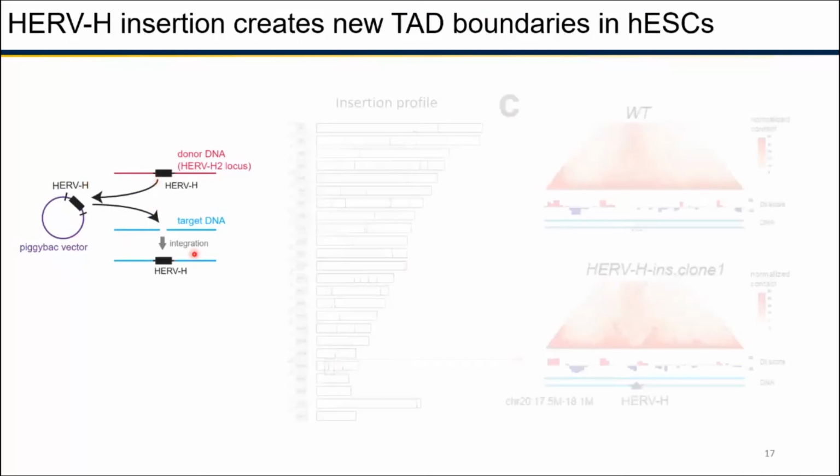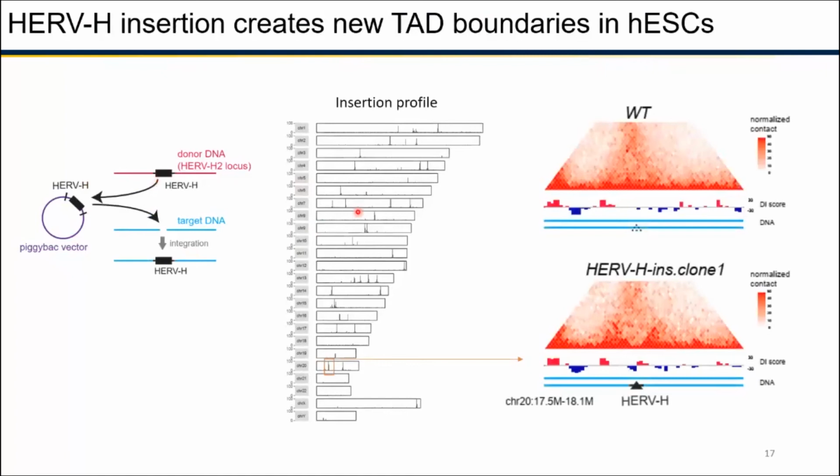Using the proximity ligation principle in Hi-C data, we identified 52 insertions in 2 different clones. And not surprisingly, we found that some of the insertions are capable of creating TAD boundaries, like one example that I'm showing here. Whereas in some other cases, the insertion might be silenced and not able to form TAD boundaries.